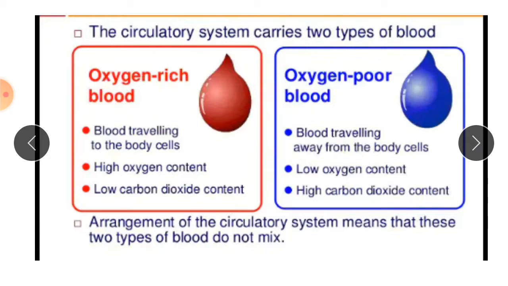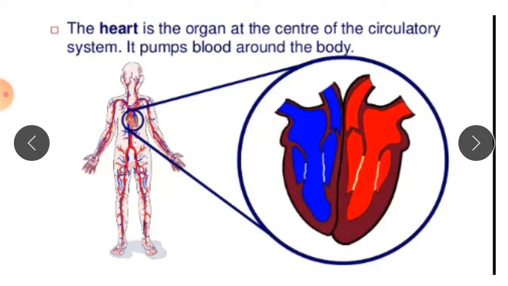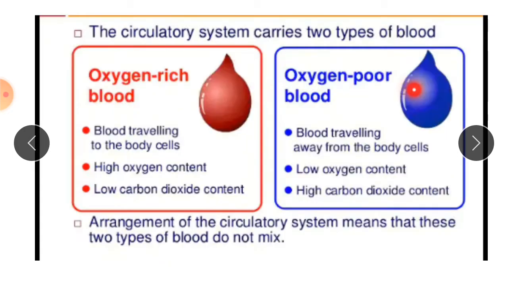Oxygen poor blood travels away from the body cells, and it has low oxygen content and high carbon dioxide content. The arrangement of the circulatory system means that these two types of blood do not mix. If they mix, the circulatory system will not work properly.